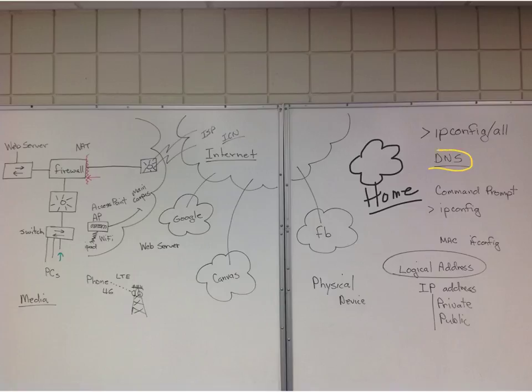DNS, domain name services, I type in google.com, they convert it. It gets converted to a public IP address that matches Google over here. So then my computer puts together my request, let's say, for some web information from Google, and it sends it into the network.